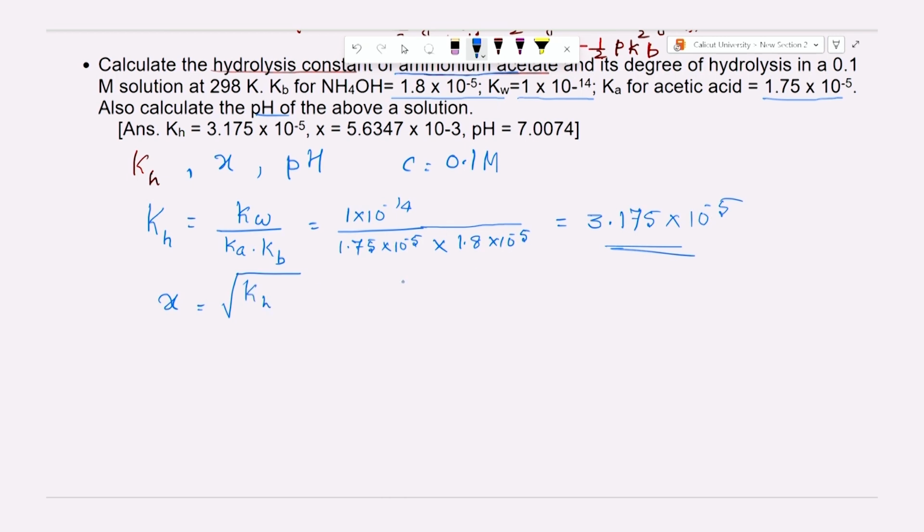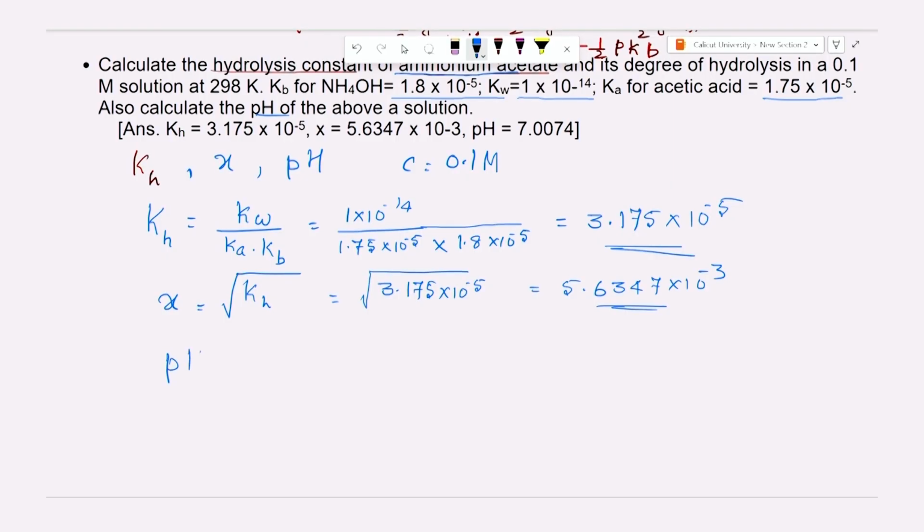Hydrolysis constant you have already found out. So, just substitute the value 3.175 into 10 to the power minus 5, and the value comes as 5.6347 into 10 to the power minus 3.